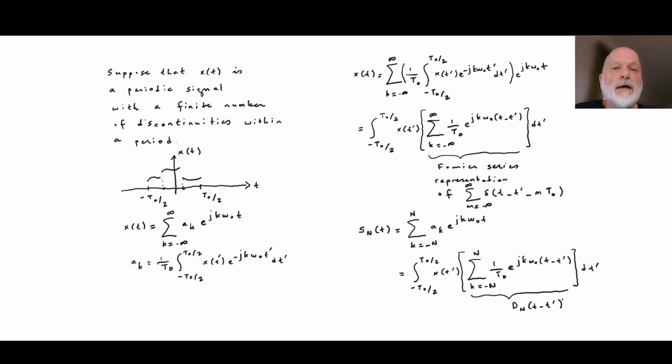But for larger values of n, the Dirichlet kernel will be an approximate impulse signal.